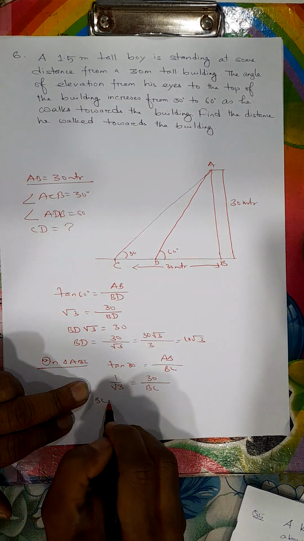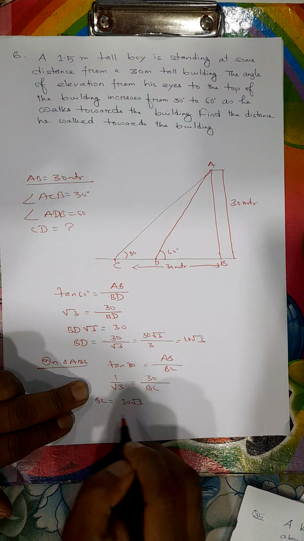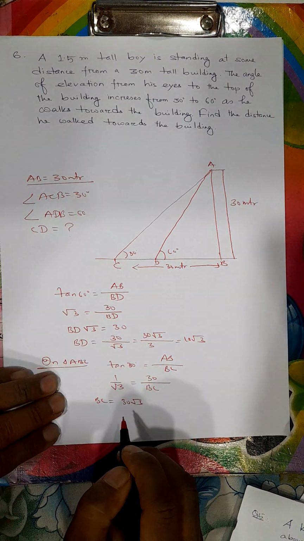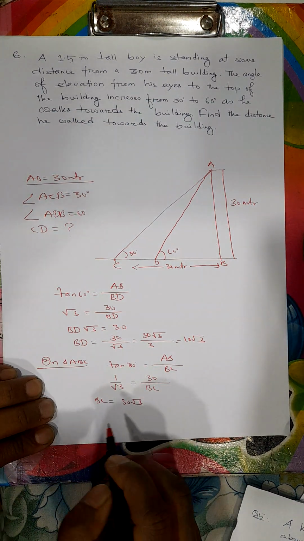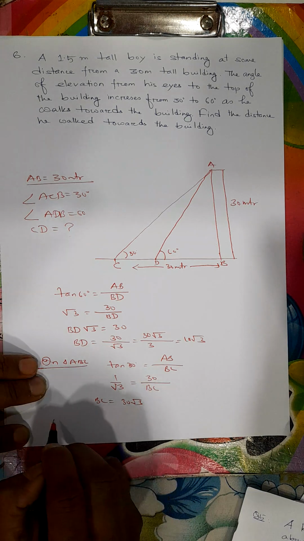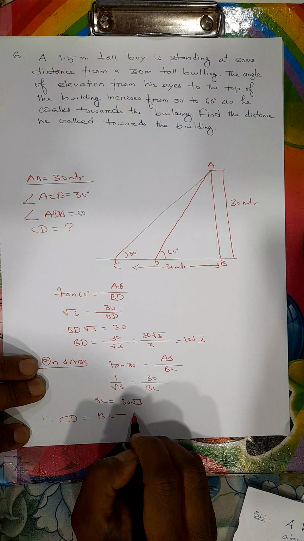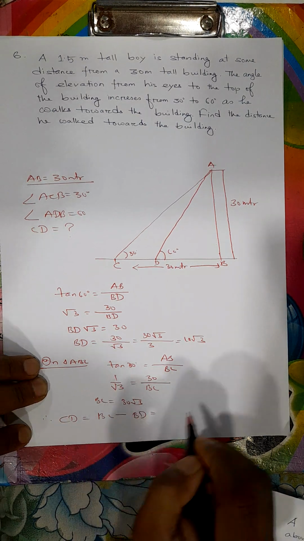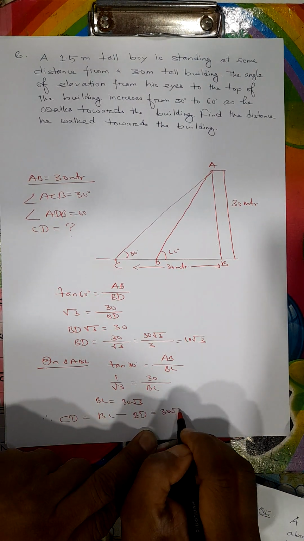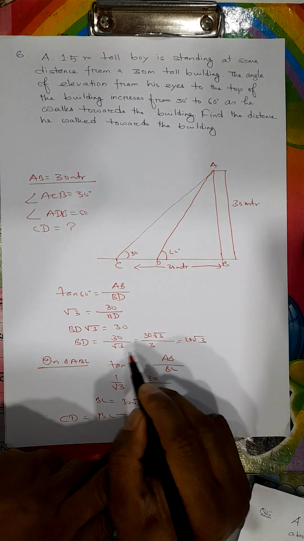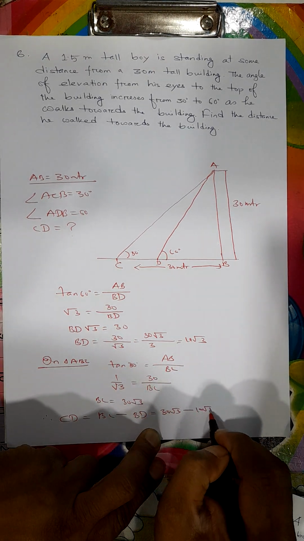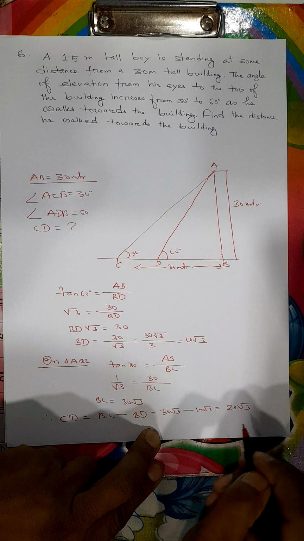So BC equal to 30 root 3. So you got BC and you got BD. Then you can find CD now. Therefore, CD equal to BC minus BD. BC is 30 root 3 minus BD. BD equal to 10 root 3. So this is 20 root 3.